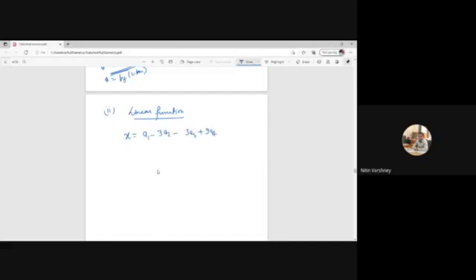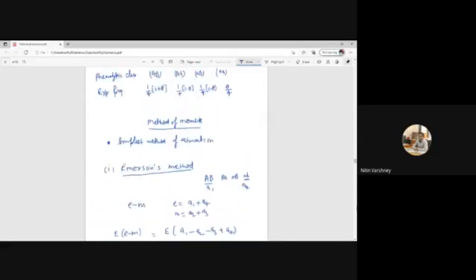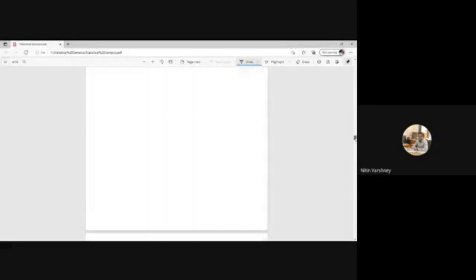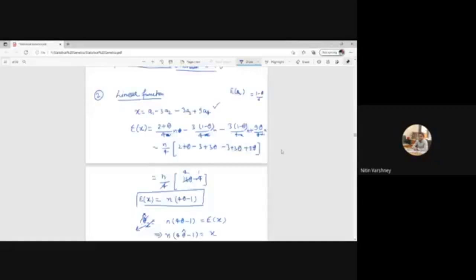How did we take this? Because we have to remember the earlier class in which I made these plus minus signs to make the expectation 0.